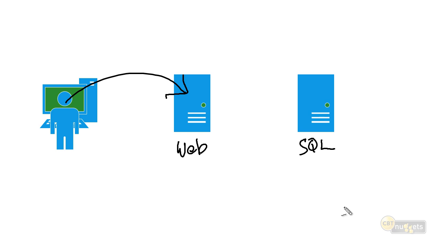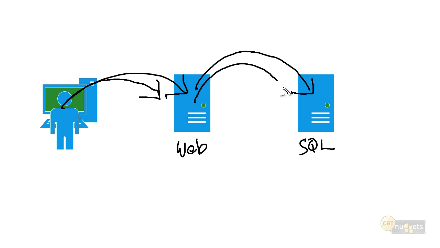And the way your organization is set up is so that the web server needs to use your credential to go to SQL Server, so that SQL will only serve up the data you have permission to, without the web server having to worry about those permissions. Well, that's called delegation. You have delegated your ticket or your credential to the web server so that it can go do work on your behalf.